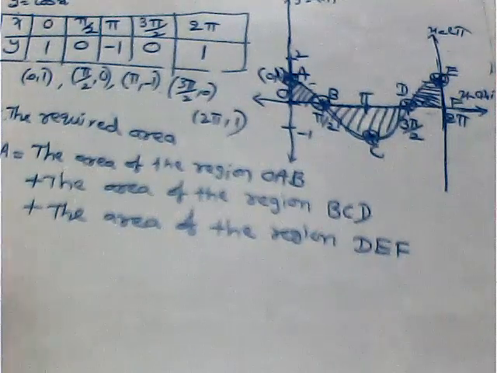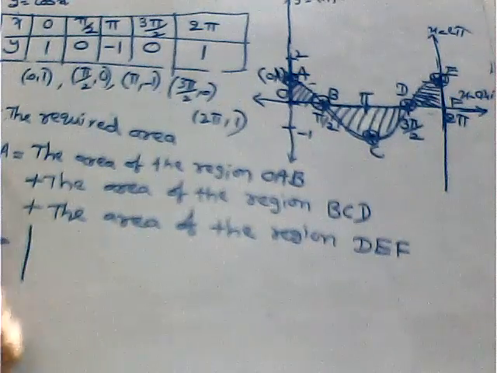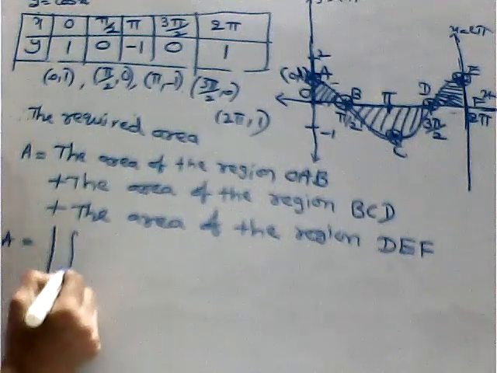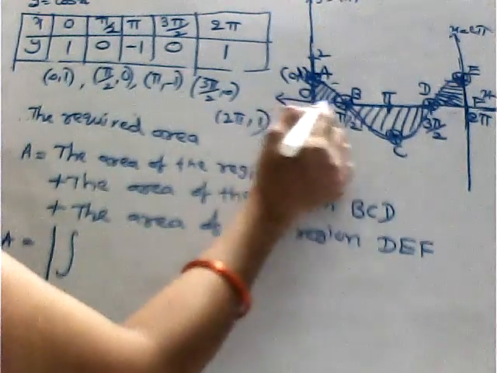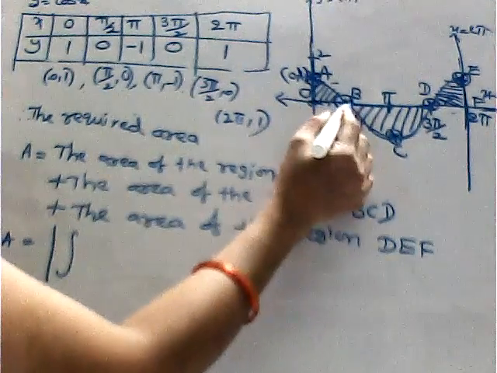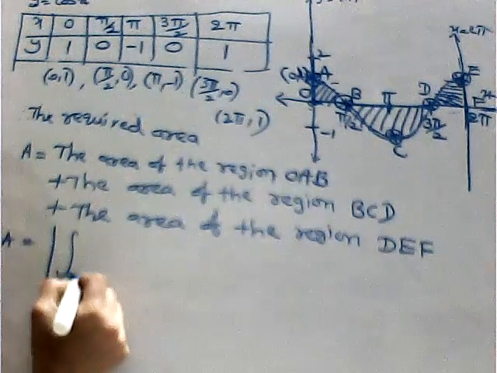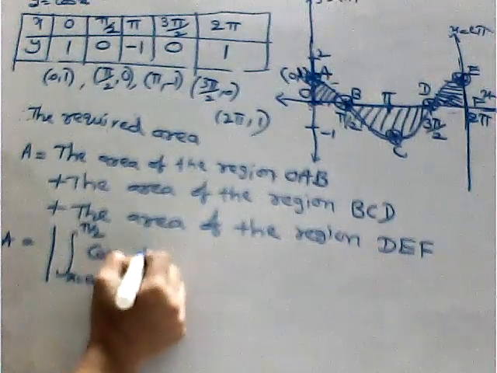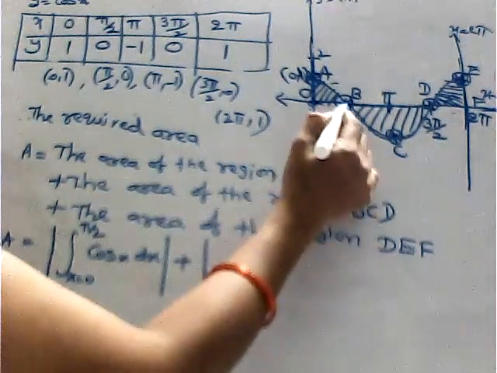Now we take the formulas. Modulus A is equal to the modulus of the integral for the area of the region OAB. The intervals are taken from 0 to pi by 2, since the point is pi by 2, 0. Here the function y is cos x dx.